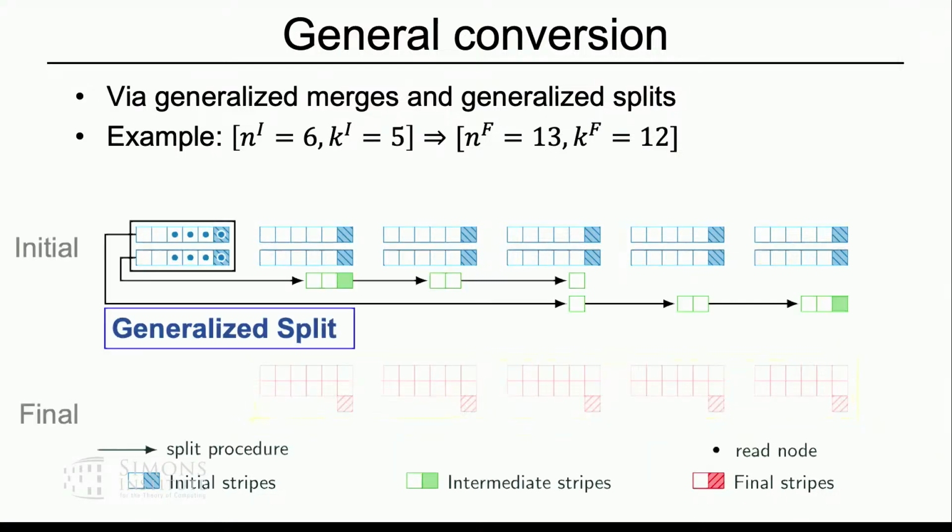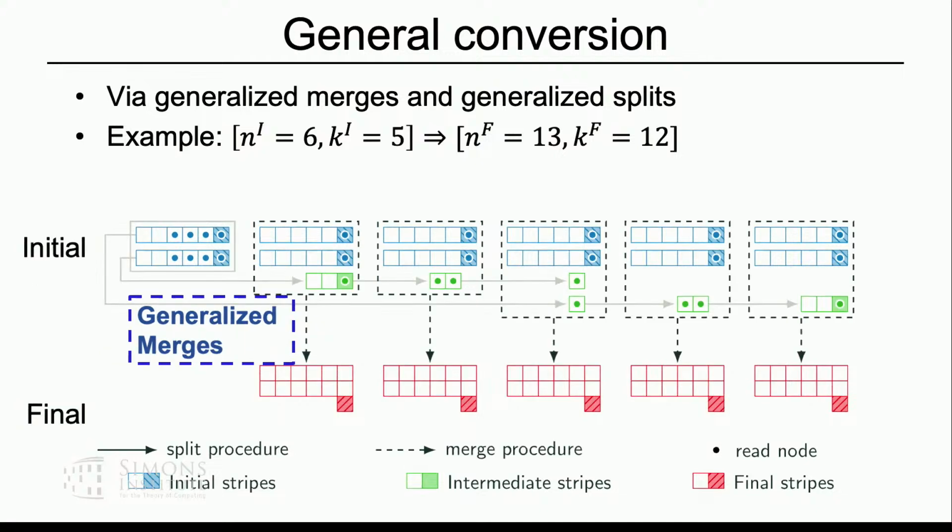For this specific example, you will do a certain number of generalized splits, which just means you will have different parameters of the splits, and then a certain number of generalized merges to create the final one. This is just logically splitting the conversions, but ultimately you will just have one conversion procedure.